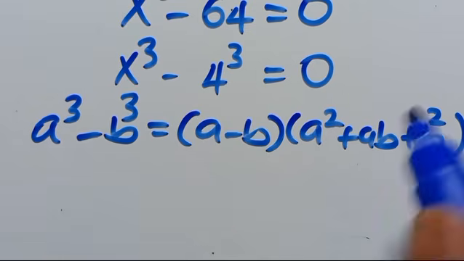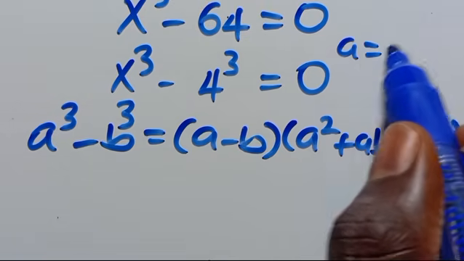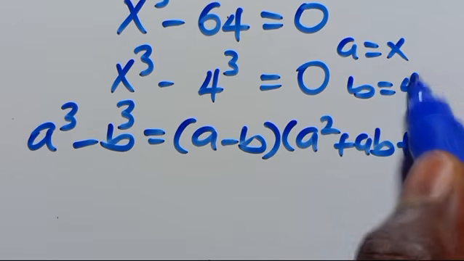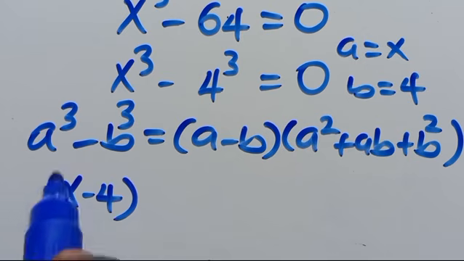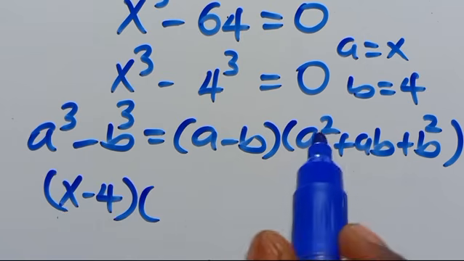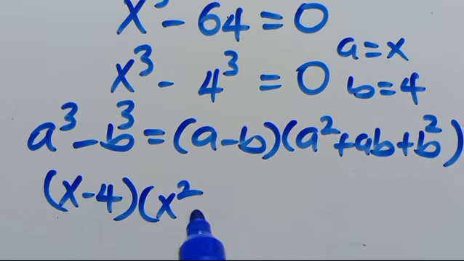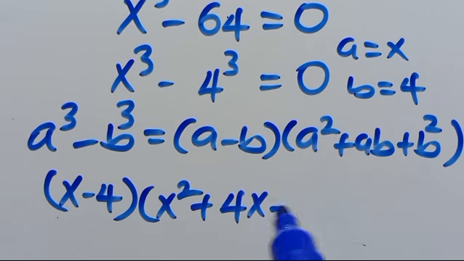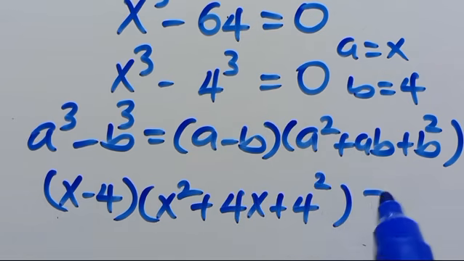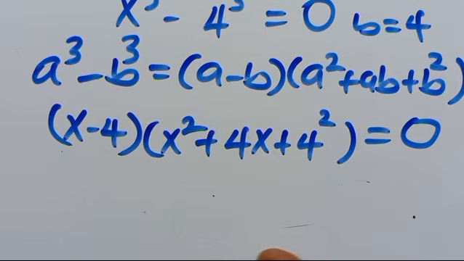So, applying it here, our a will be x, our b will be 4. So we are going to have x minus 4 as we have it here. Then this will be x squared plus a times b, which is 4x, plus 4 squared equals 0.